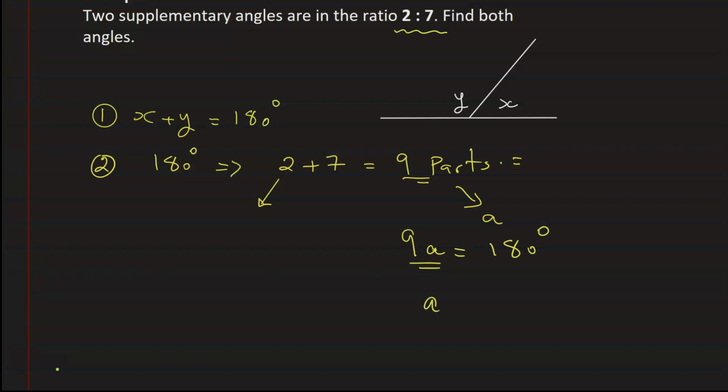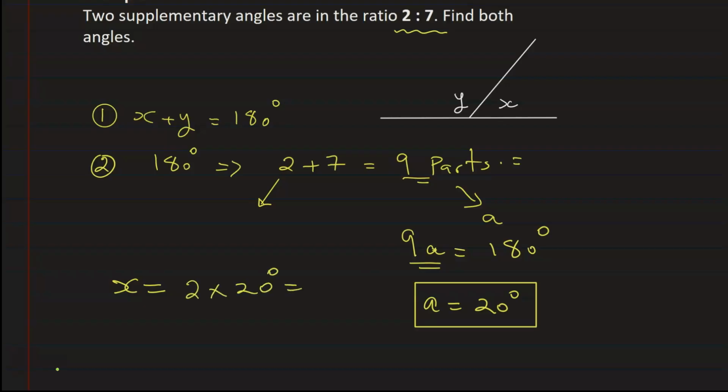So each part A is 20 degrees, right? But according to the ratio, the first angle is 2 times A. That means 2 of the parts. So X, because it's acute, is 2 times 20 degrees. So that would be 40 degrees. And Y is 7 times 20 degrees. That's 140 degrees. Now, you add them, you get 180.